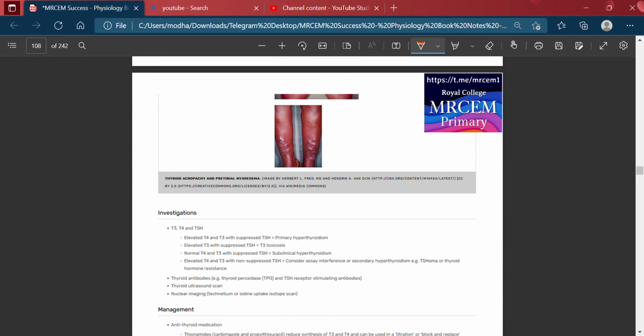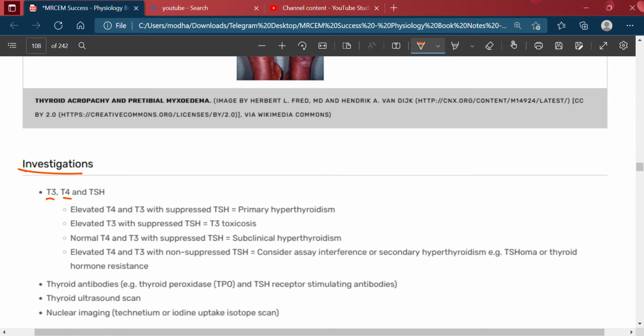Then investigations. We have to do T3, T4, and TSH. Elevated T4 and/or T3 with suppressed TSH is primary hyperthyroidism. Elevated T3 with suppressed TSH is T3 toxicosis, due to T3 toxicity. Then normal T4 and T3 with suppressed TSH is subclinical hyperthyroidism.